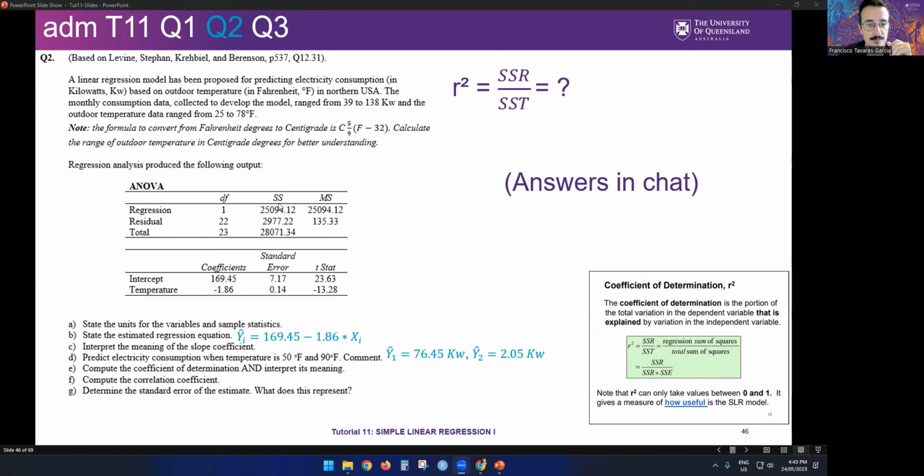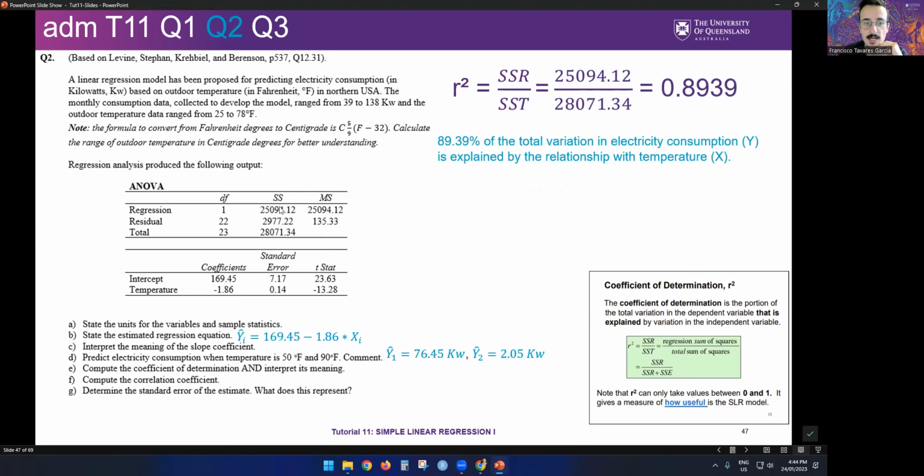Pretty much it's here. You have one value in here and one value in here. Divide one by the other, and then you know how much of the variance in Y we're explaining with our regression. Let's keep going. So this value on the top here, then the one in the bottom, and we're explaining 0.8939, which means 89.39% of total variation in electricity consumption, Y, is explained by the relationship with temperature, X.